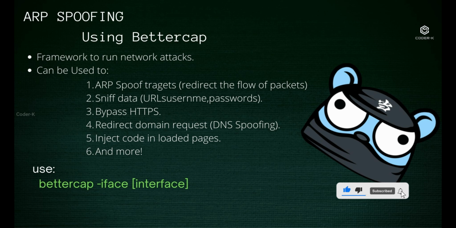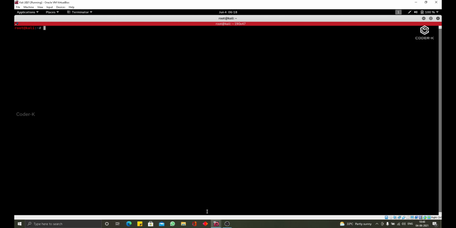So I'm going to go to my Kali Linux machine here. And as usual, when we want to install something, first we need to make sure that our sources are up to date, so we are going to do apt-get update. This ran with no errors, perfect. The next thing that we need to do is install Bettercap, so we are going to do apt-get install, followed by a package called bettercap.